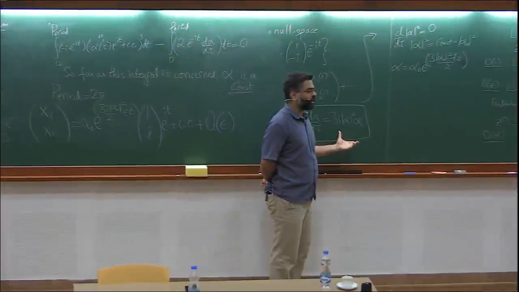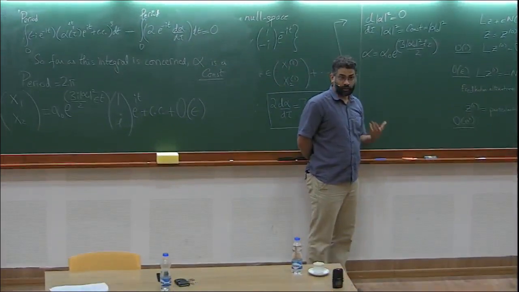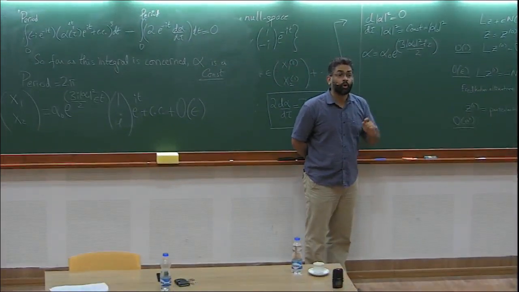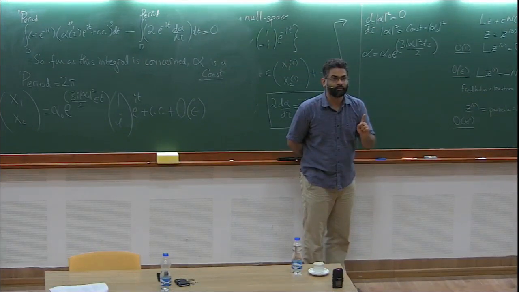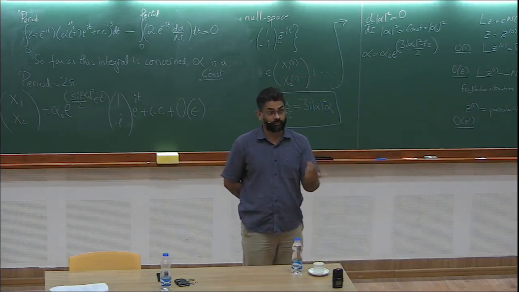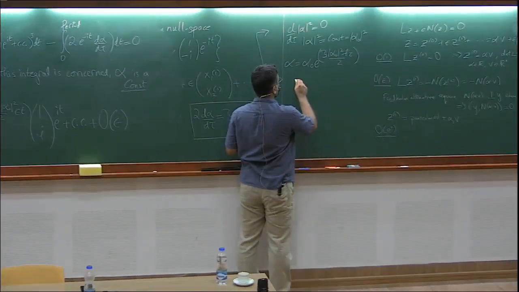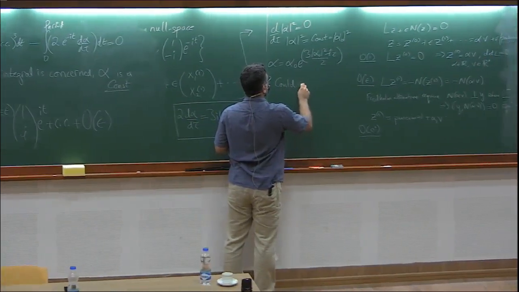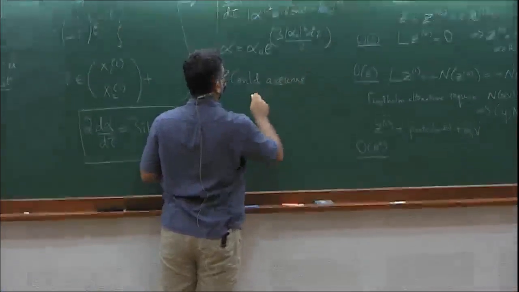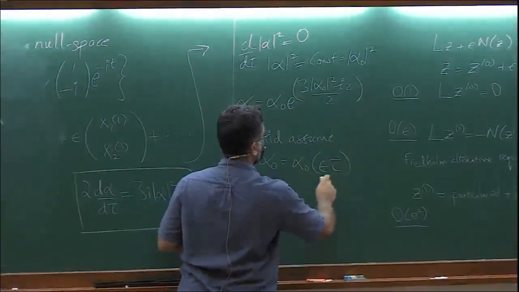This ODE for alpha depends on an arbitrary parameter, alpha naught. Alpha naught is a constant, but only on the tau time scale. Epsilon squared t, or epsilon tau, are possibilities. So I have a degree of freedom that I could assume, alpha naught to be alpha naught of epsilon tau.